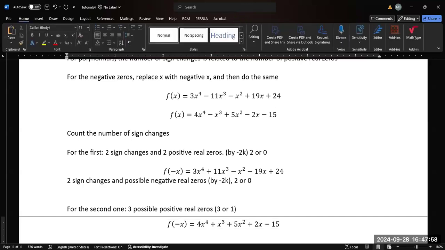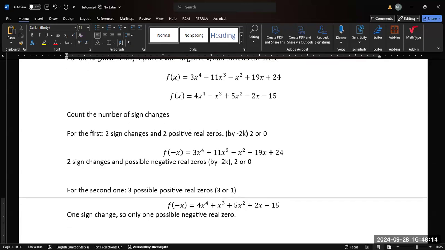So here there is only one sign change, so only one possible negative real zero.